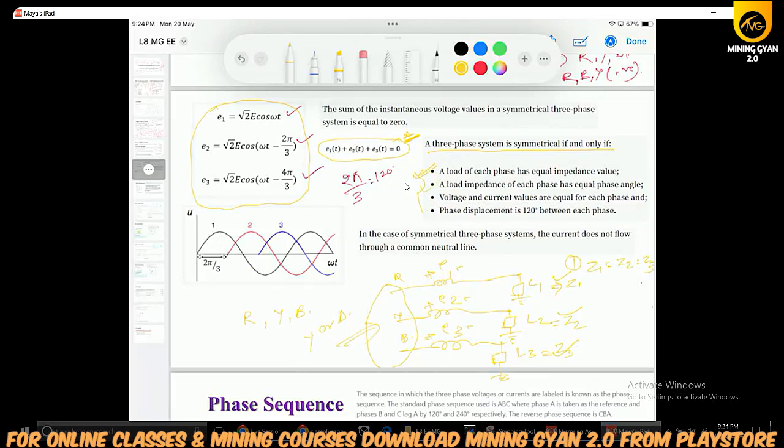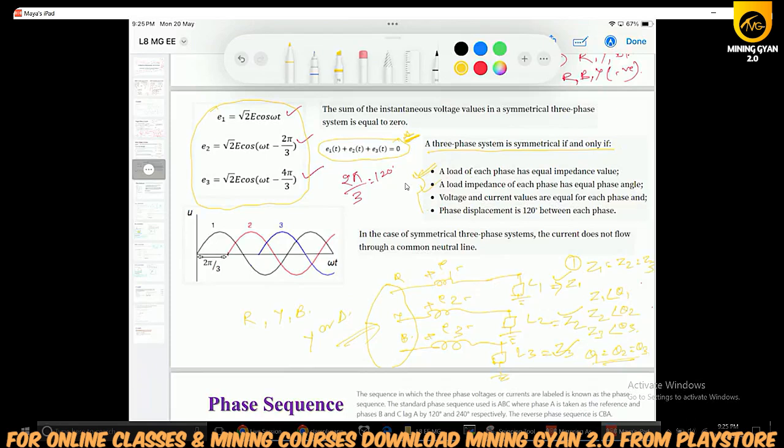Second, the load impedance of each phase has an equal phase angle. If Z1 has angle theta 1, Z2 has theta 2, and Z3 has theta 3, the angles should be equal: theta 1, theta 2, and theta 3 will be equal. That is the second condition.